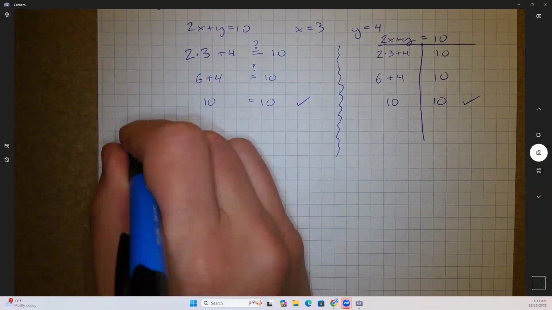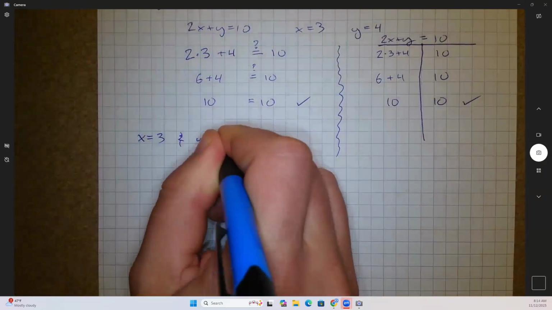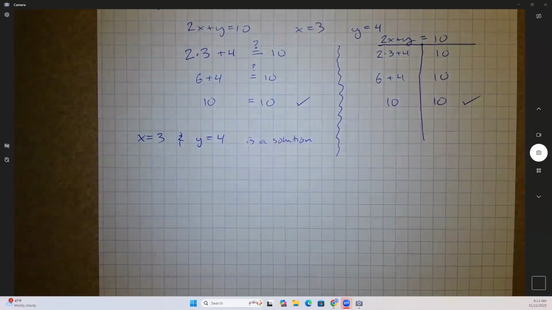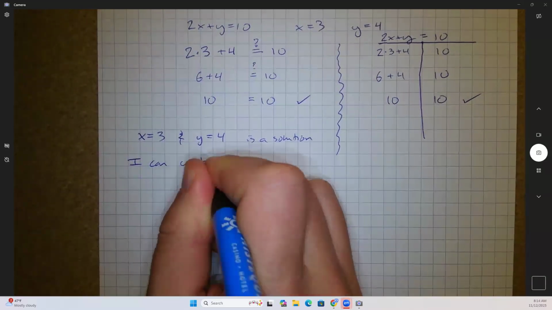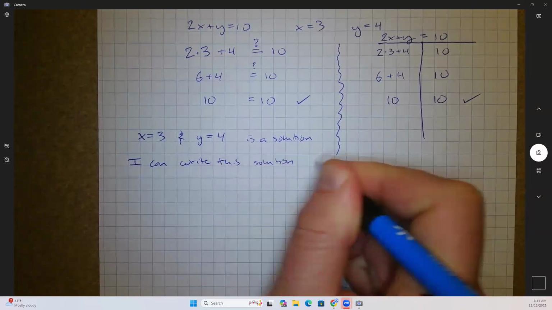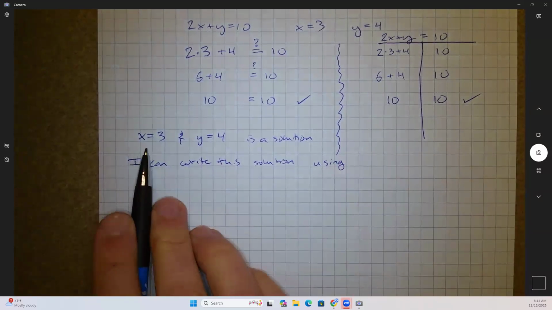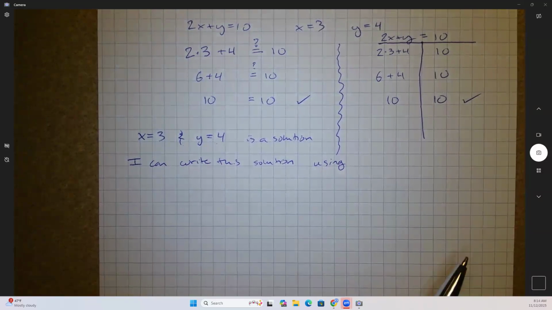So I know that x equals 3 and y equals 4 is a solution because together they make the equation true. And I can certainly write it like I just did: x equals 3 and y equals 4. Nothing wrong with that.